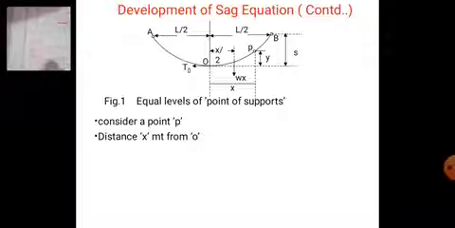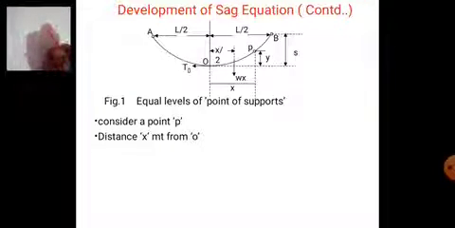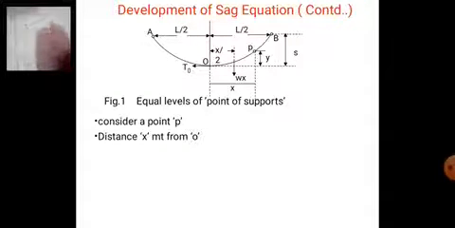The first one is the tension T acting at O, which is the horizontal component.